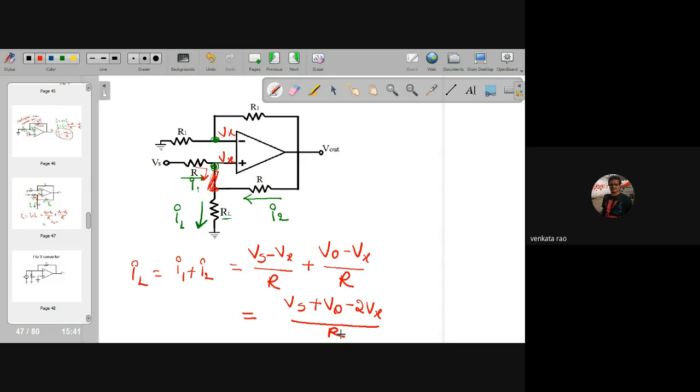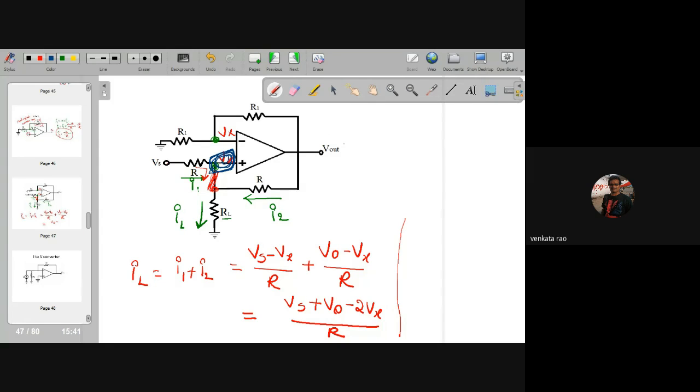Now you need a relation between V0 and Vx. See this? In this circuit, once you set this voltage Vx, this is a non-inverting amplifier, and the voltage at the non-inverting terminal is Vx.